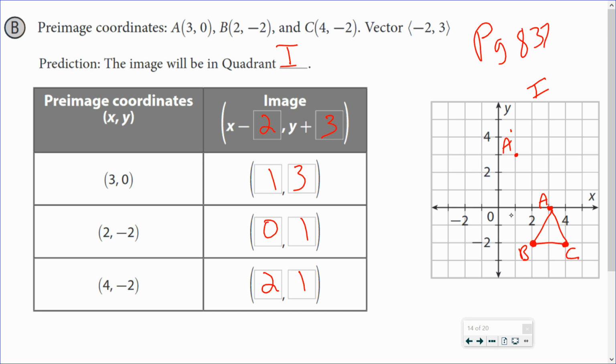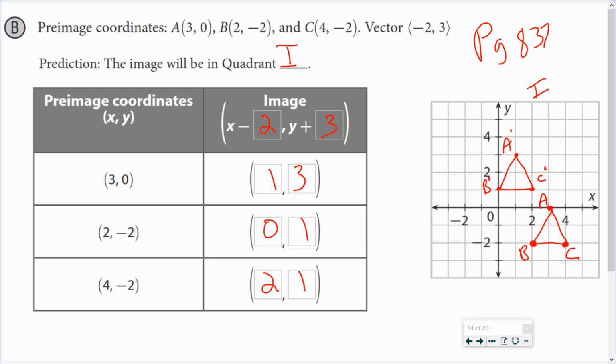So I go over 0 and go up 1, and that's my new B. And now I'm going to go over 2 and up 1, and that's my new C. And I'm going to connect my dots like so.